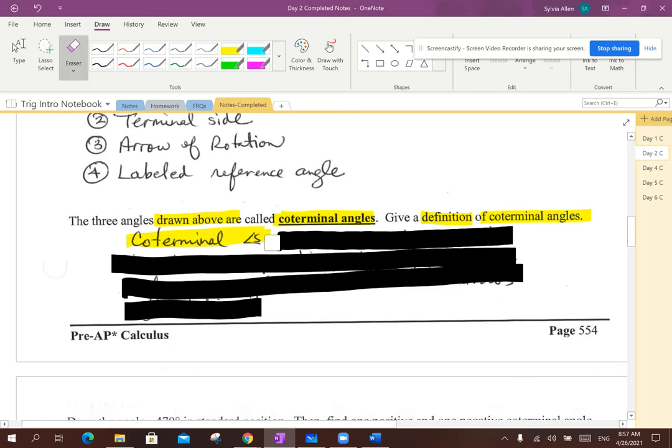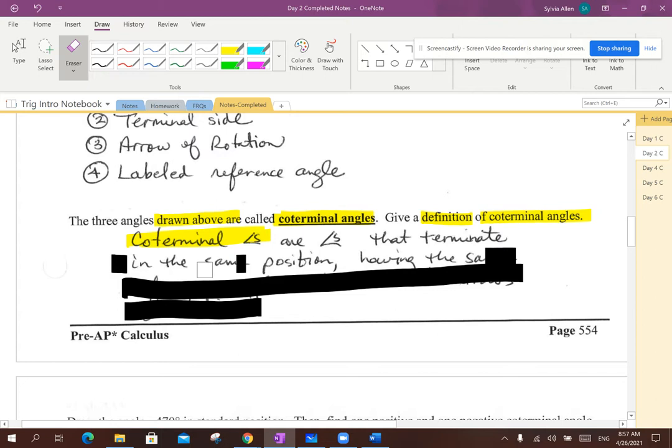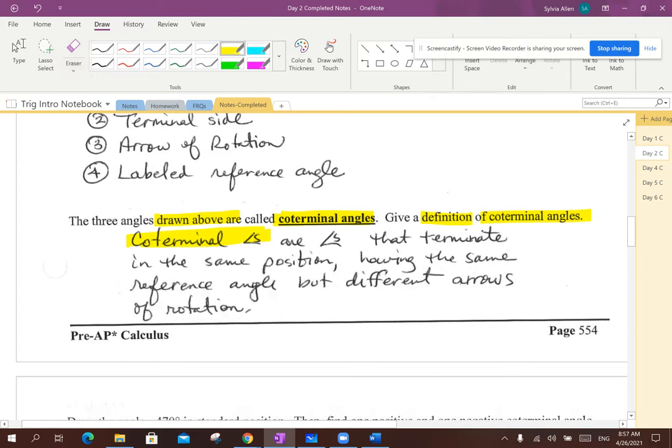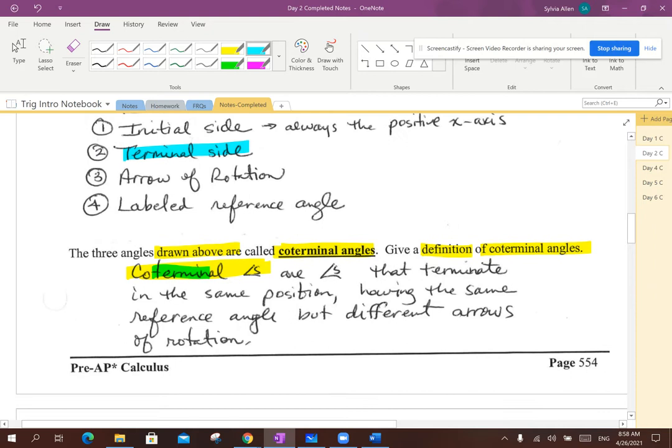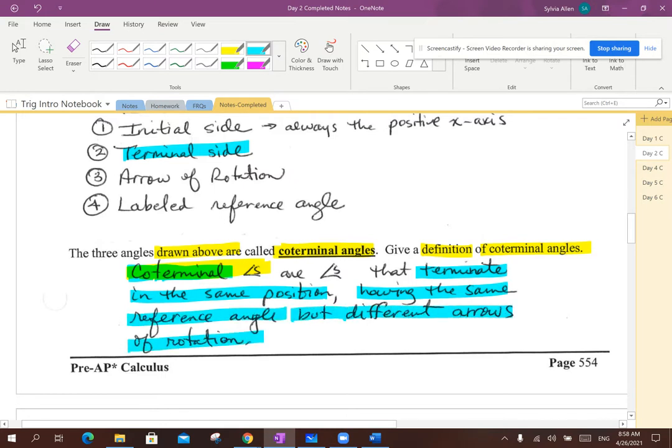Okay, so here we go. Coterminal angles are angles that actually terminate in the same position. Okay, so here is the word terminal, like your terminal side. Remember, every angle had a terminal side, and co is going to mean with. So they terminate in the same position, and they have the same reference angle, but they have different arrows of rotation.